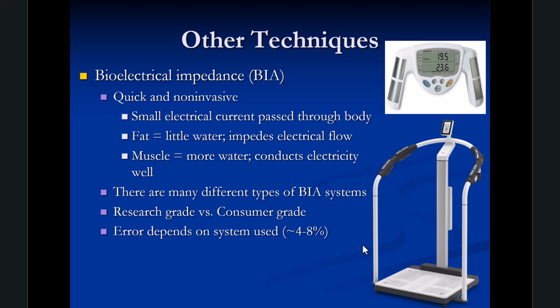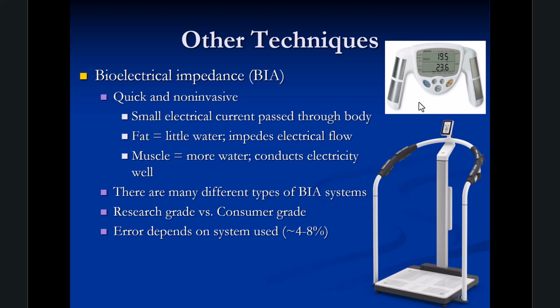There are different types of bioelectrical impedance systems. The cheapest and probably most common one you'll see are these little handheld ones. You commonly see these at gyms. You just hold it, you put in some data like age, body weight, etc., and it sends a mild current through the body and gives you a rough index of percent body fat. Then there are even better bioelectrical impedance techniques and equipment like this. This is research grade.